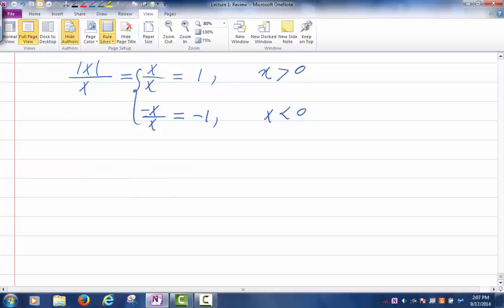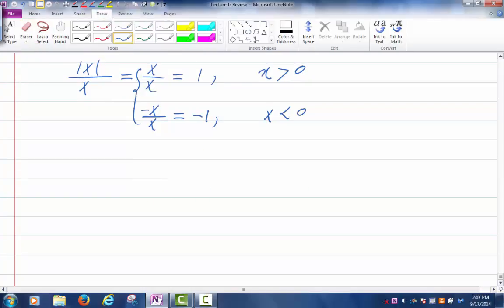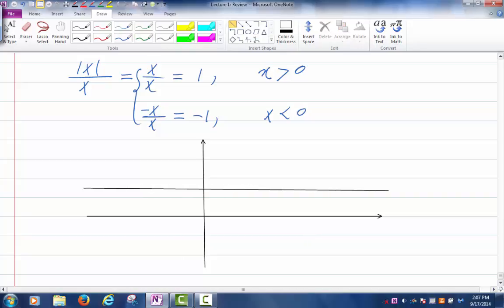So what will the graph look like? Let's say this is the x-axis, my y-axis, and this is the height at 1. And let's say this is the height at negative 1.